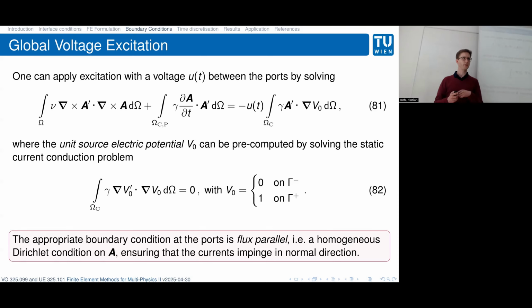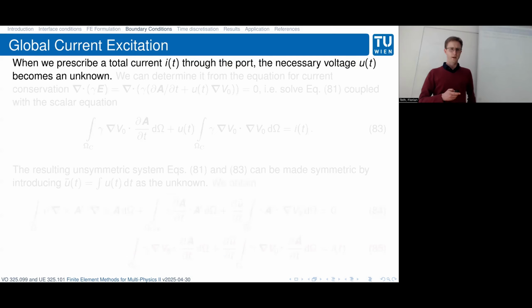An important note for this formulation, the appropriate boundary conditions on the ports is the flux parallel condition that actually forces the resulting currents and eddy currents to be perpendicular to the boundary. And now let's look at the global current excitation. If we prescribe the total current through the port, the necessary voltage is unknown.